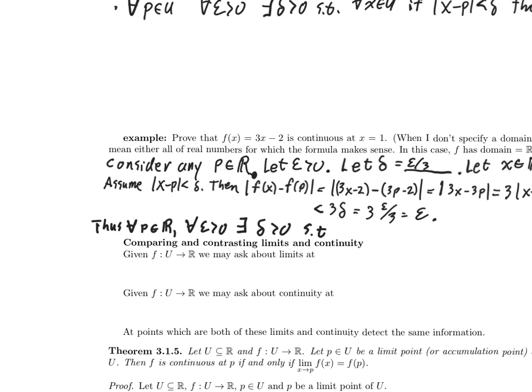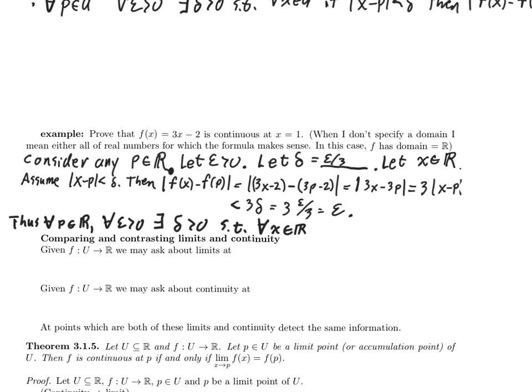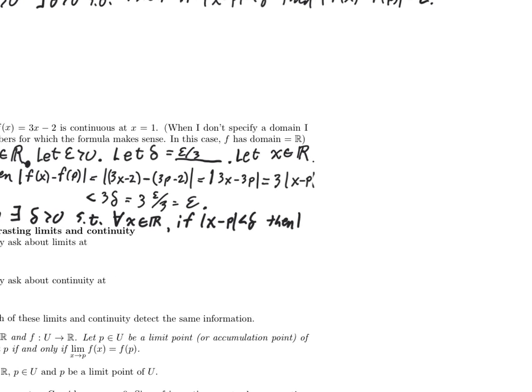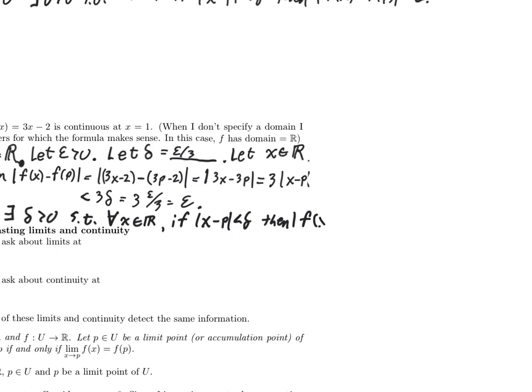Such that for all x in R, because we assumed x was in R, if the absolute value of x minus p is less than delta, then the absolute value of f of x minus f of p is less than epsilon. So this function f is continuous on all of the real line.